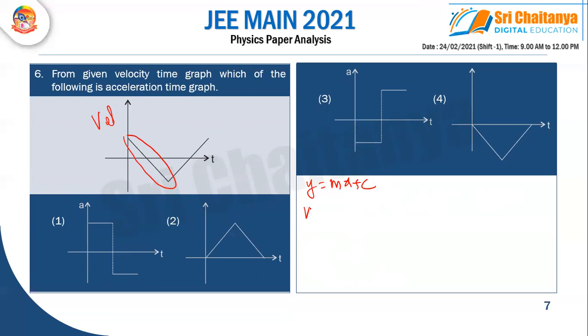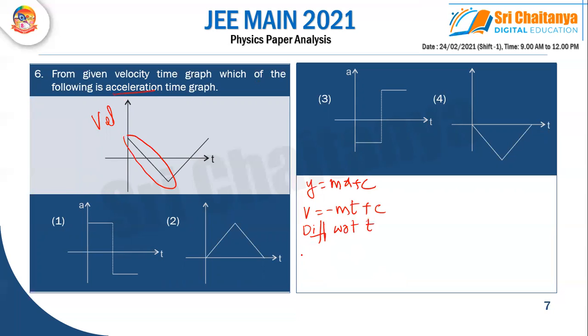In the place of y I have velocity, with negative slope minus m, and in place of x we have t, plus the constant. He is interested in acceleration, and for that reason I differentiate with respect to t.